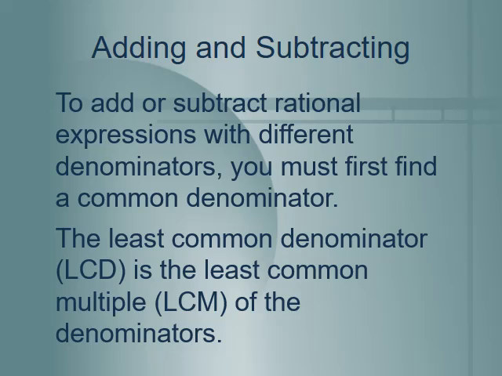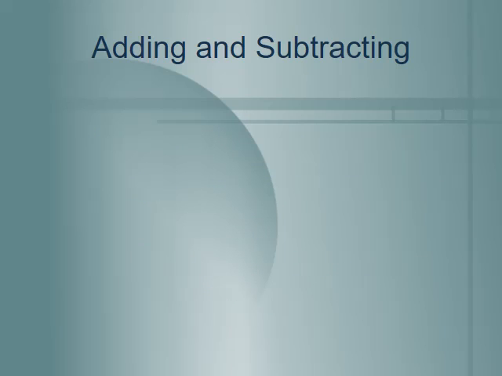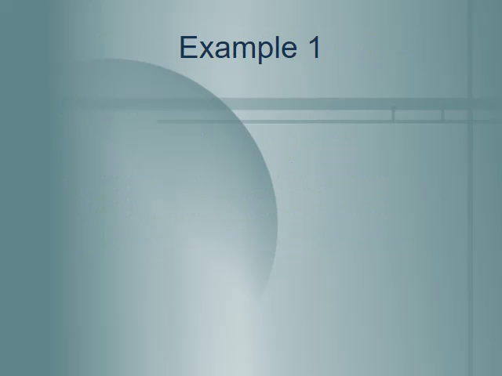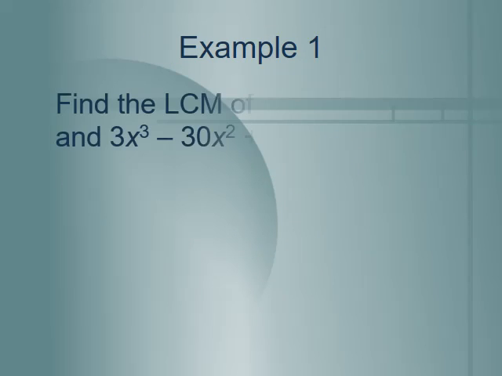And then just to review how to find the least common denominator, you circle the highest or the biggest of each number that is shown in the two prime factorizations. And then you multiply those numbers together.